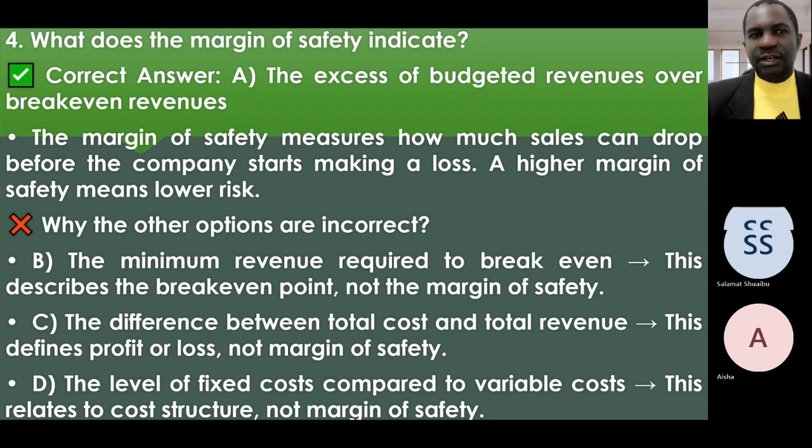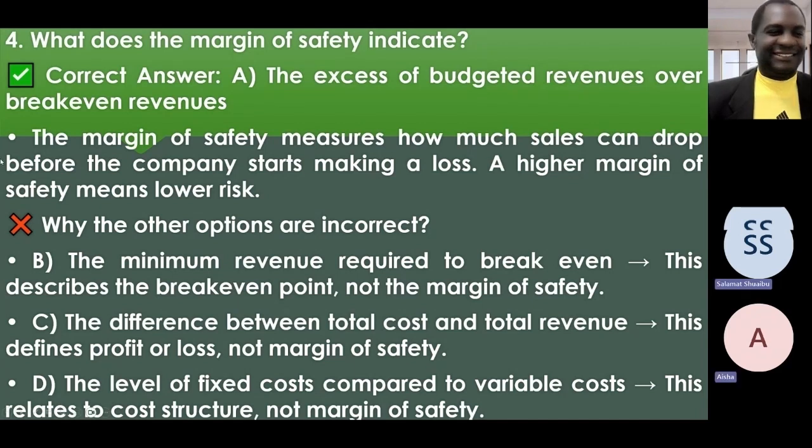If you budgeted 200 revenue against 200 cost, revenue of 200 will make you break even. But a little bit above, an excess of that revenue, is what margin of safety is all about. An excess above 200, like 201, 202, 203, is an excess.